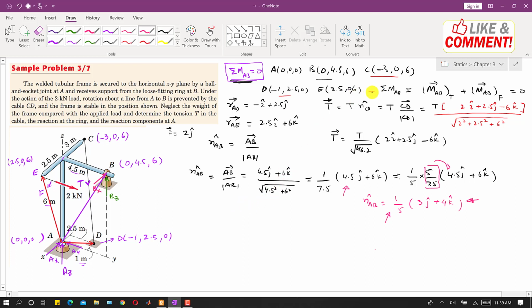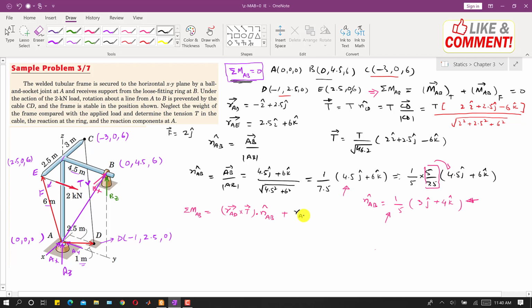So now we will apply this equation again, right? So now we know all vectors, right? So again, if I write, the summation of moment about AB equals 0 is equal to MAB of T, right? So we will write RAD cross T vector and the dot product of NAB unit vector plus, and the moment arm of this force is RAE, right?